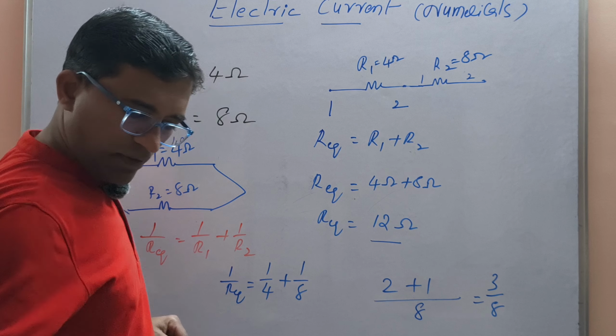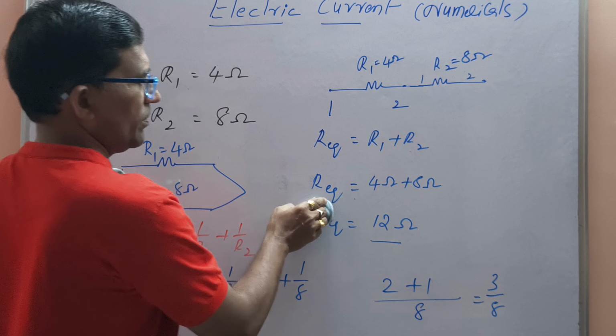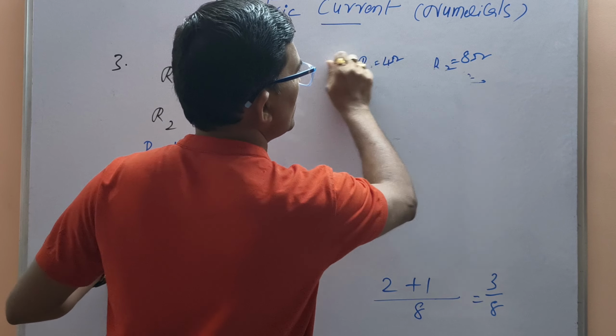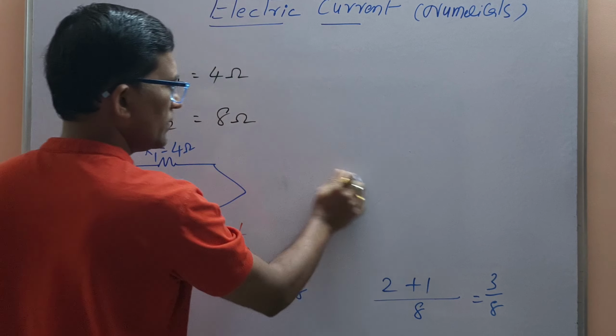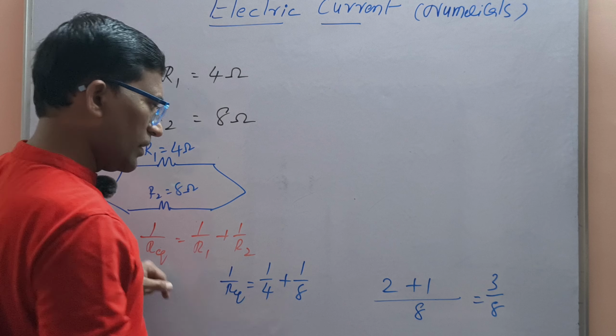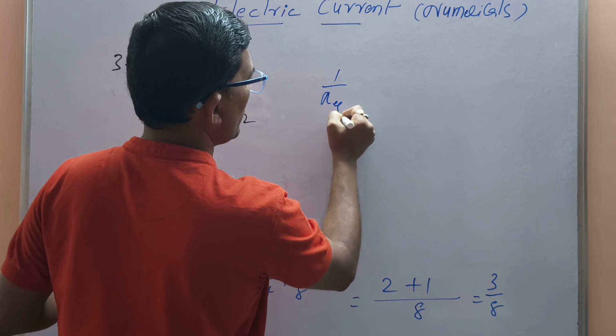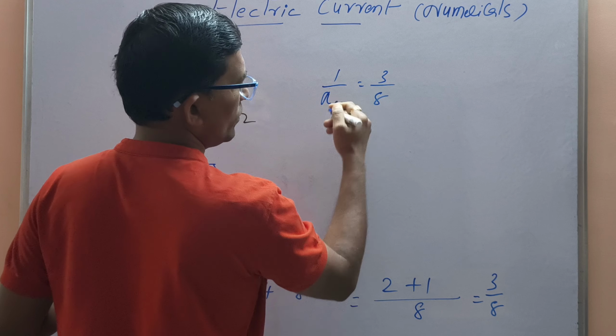Now I will erase this series combination we did. We are getting the maximum resistance in series. Then I will continue the problem here. Now we got 1 by R equivalent is equal to 3 by 8. Then we have to take the reciprocal.